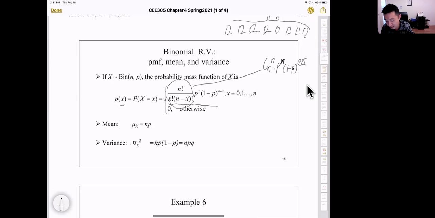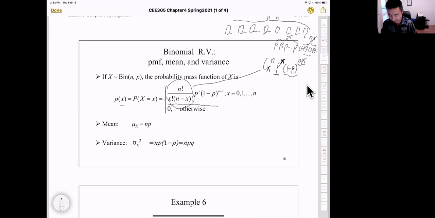Then for these x successes, the probability will be p times p times p times p, and the total number of successes is x. That's why we have this part. The next step is for the remaining n minus x samples, the chance for each one is 1 minus p, so 1 minus p times 1 minus p, and totally we have n minus x of them.